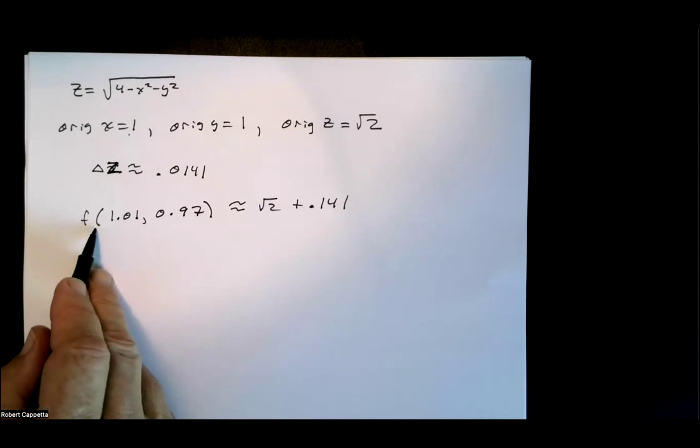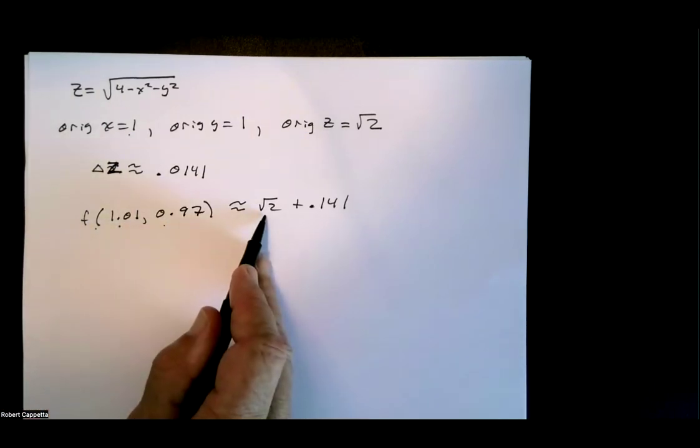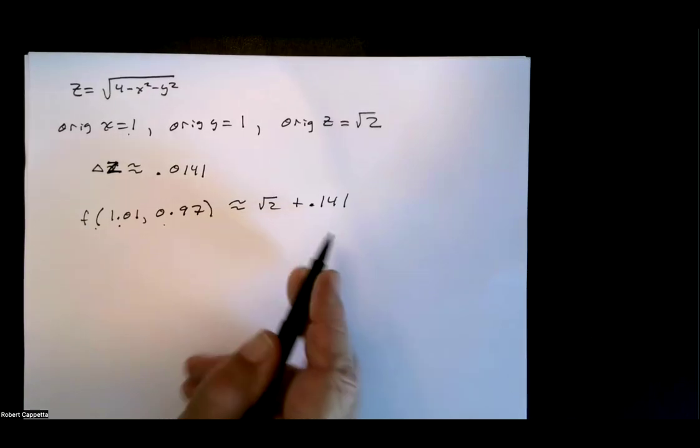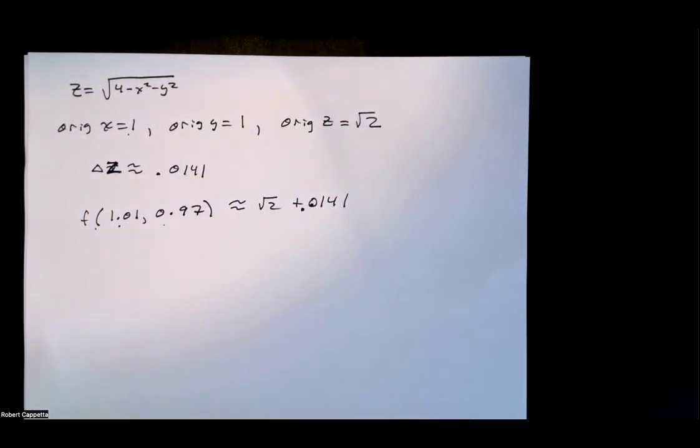Our question was essentially f of 1.01, 0.97. My original z is root 2. My guess for the change in z is 0.0141. So what do I get when I add those together? So using the differential, this is my predicted value.